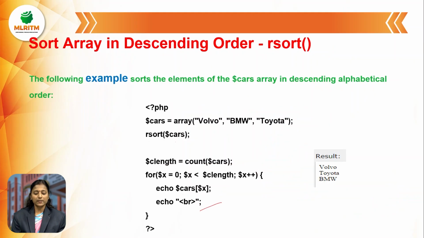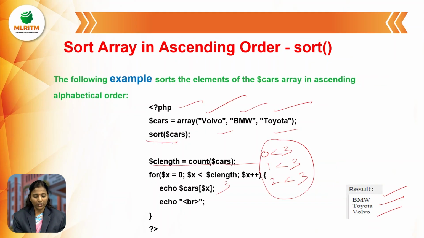Next is the descending order. The descending order is also in alphabetical order. Okay, same. $x is less than $clength. Here, rsort. In the previous one, we used sort, which is ascending order.